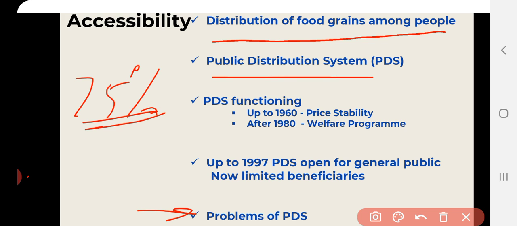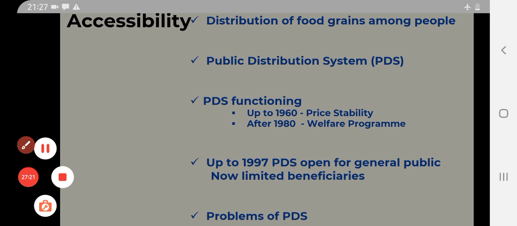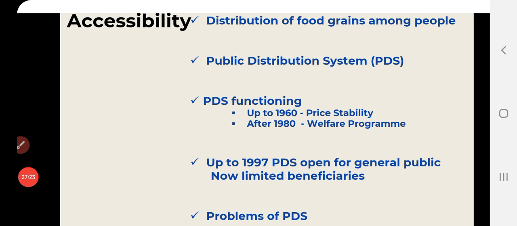So therefore the position of food security in India, what we can say, is quite unsatisfactory. In case of availability, the quantity is available but quality food grains are not available to the public.